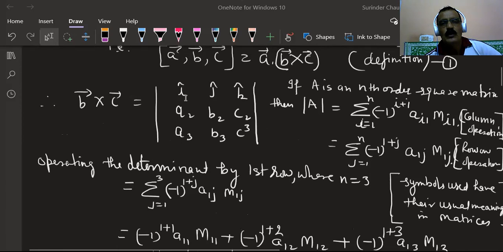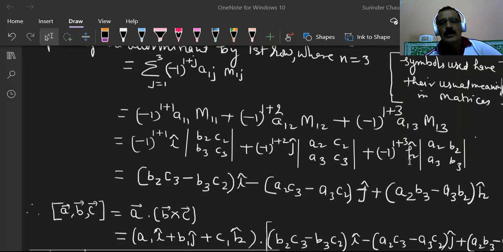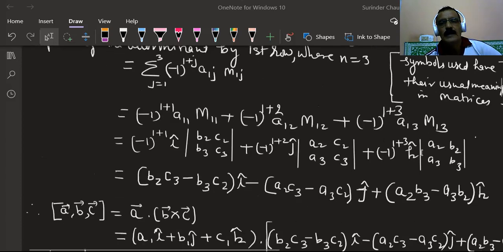We delete this row and this column, determinant of A2 C2, A3 C3. Plus minus 1 power 1 plus 3, and A13 is equal to k, and the minor of this will be the determinant of A2 B2, A3 B3.